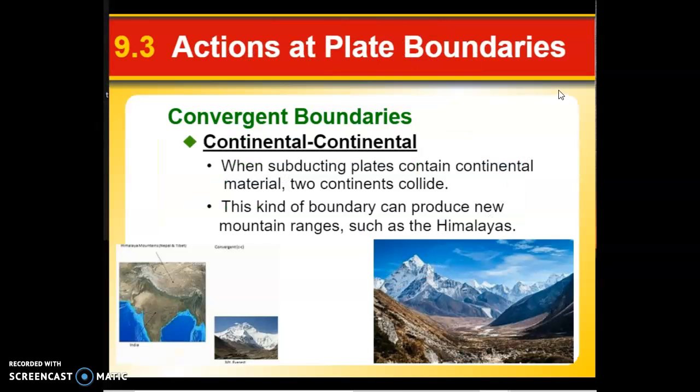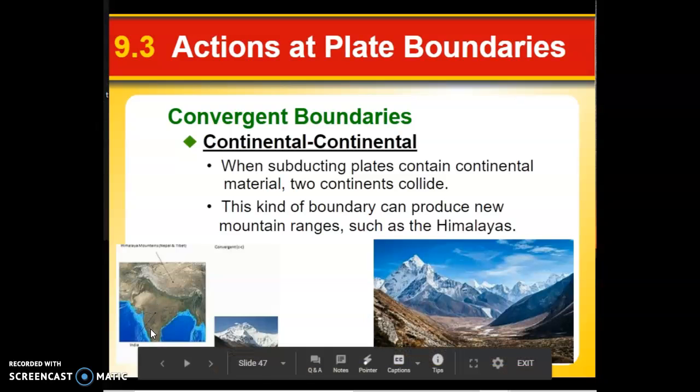Another type of convergent boundary is continental to continental. When subducting plates contain continental material, the two continents will collide, and this boundary can produce new mountain ranges such as the Himalayas. This image right here, you can really see where India collided with Asia and created those Himalayan mountains.